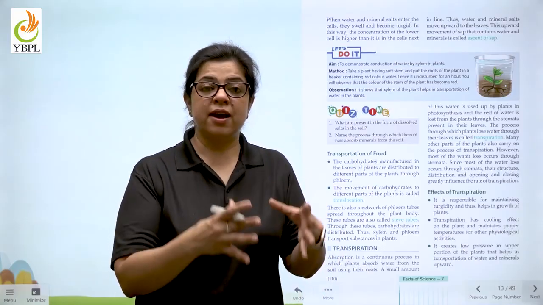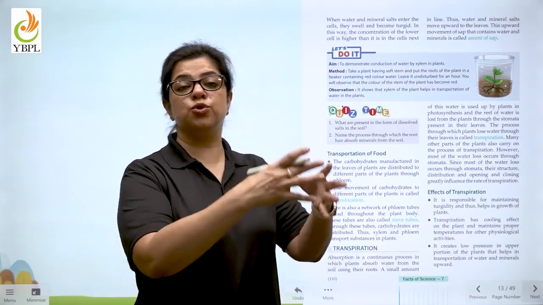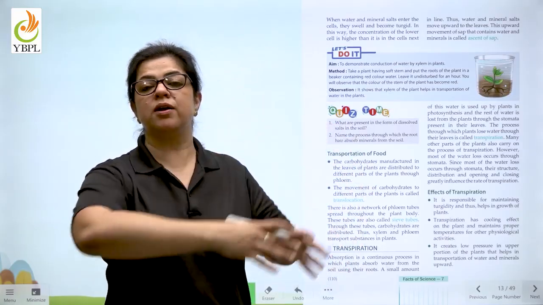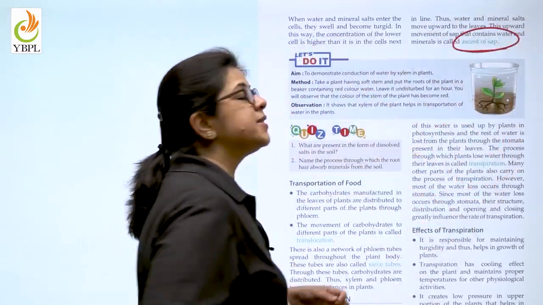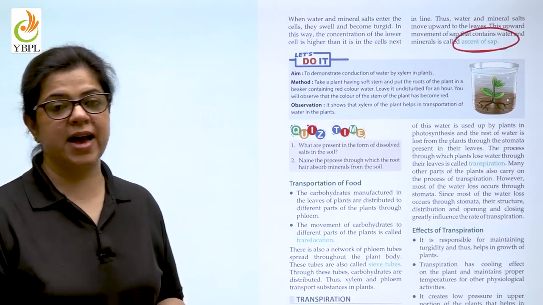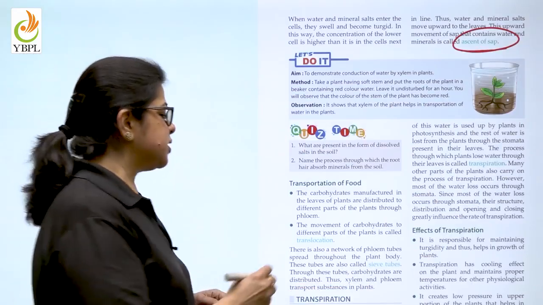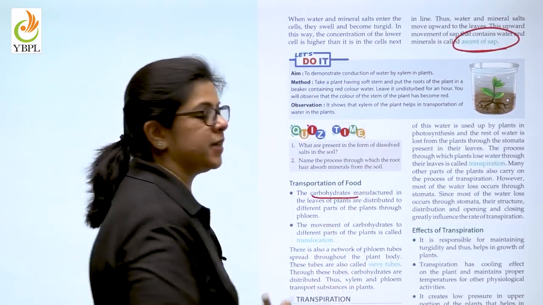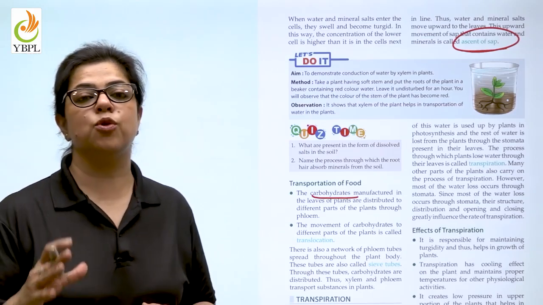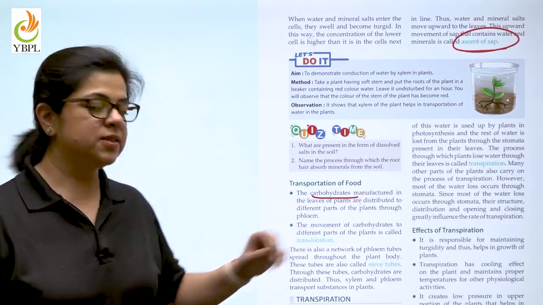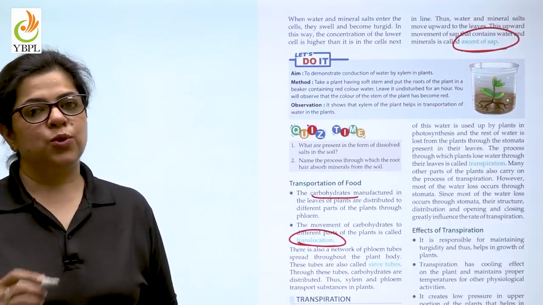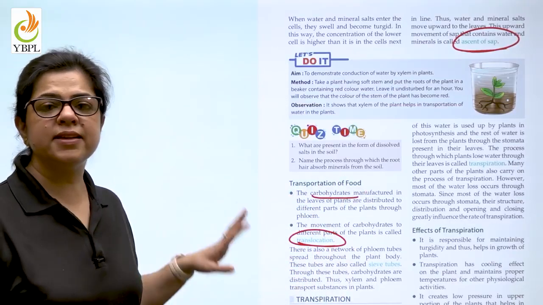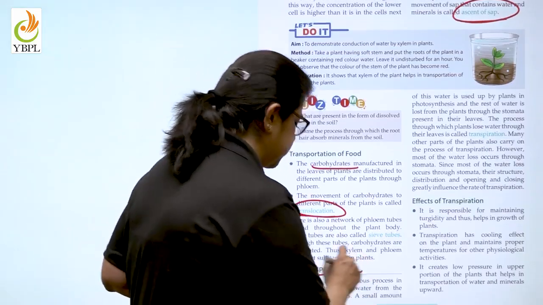Now again, they have to move from higher concentration to lower concentration, meaning the upper part of the plant. So what is this called? This is known as ascent of sap. And similarly, transportation of food takes place, mainly in the form of carbohydrates. And what is this process called? It is known as translocation.